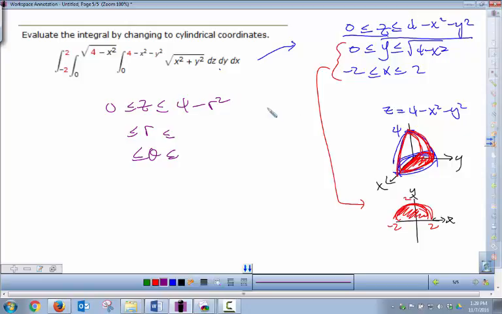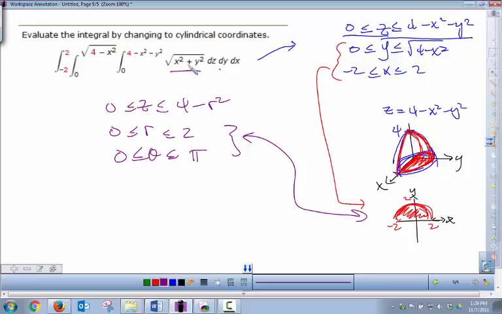And once you've got the three-dimensional portion out of the way, we look at our two-dimensional portion with r and theta. The radius just goes from 0 to 2, and then the angle goes from 0 to pi.